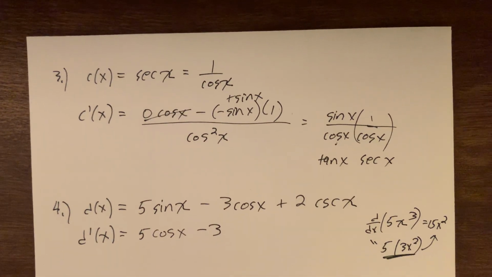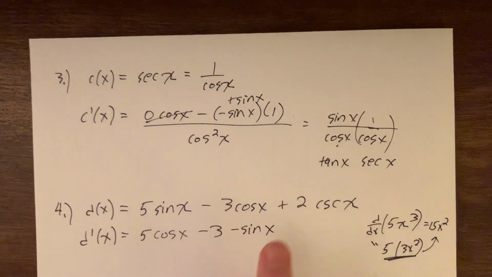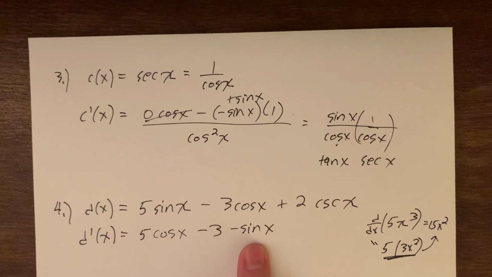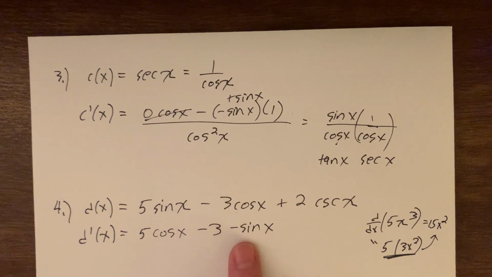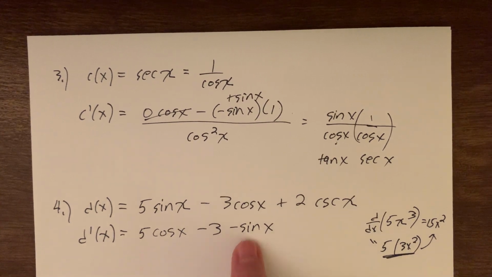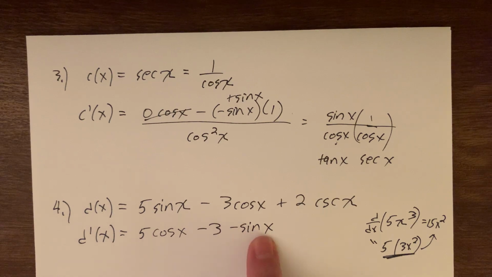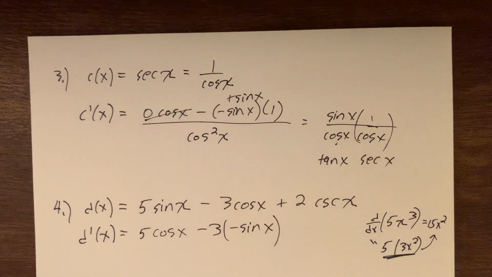Minus 3 pushes along. The derivative of cosine is negative sine. But do you notice I've got a little mistake? I paused here for a moment for a reason. Do you realize the issue here? This rule says it's still c times the derivative of the function. And if you leave this the way it is, you've got minus 3 minus sine. This needs to be minus 3 times minus sine.